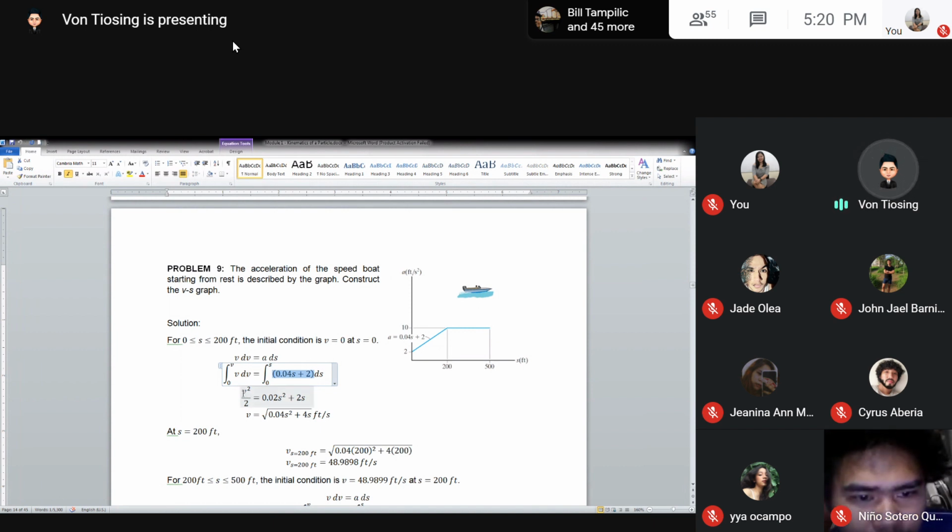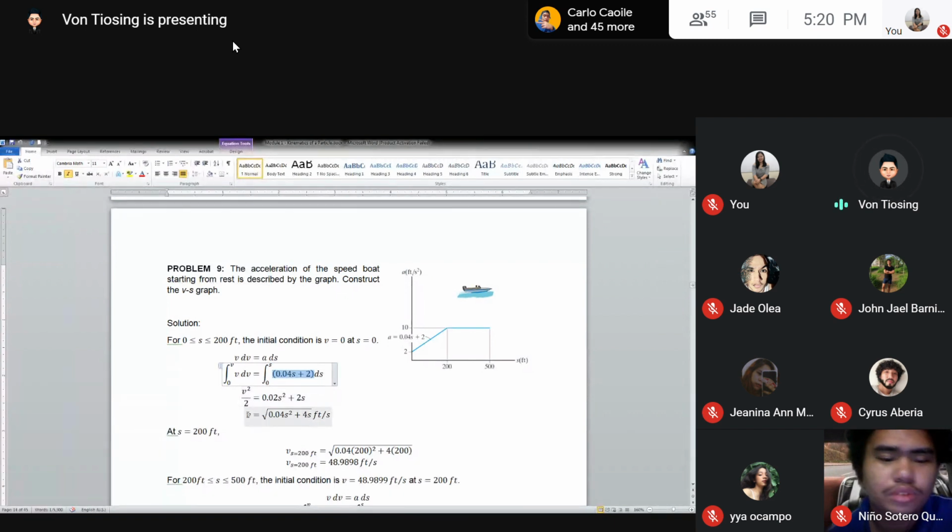Then the left side will become v squared over 2. So multiplying 2 both sa kabila, 0.04s squared plus 4s, then take the square root. So this will be the function v with respect to s. So at s equals 200 feet, meron siyang this velocity na, no?